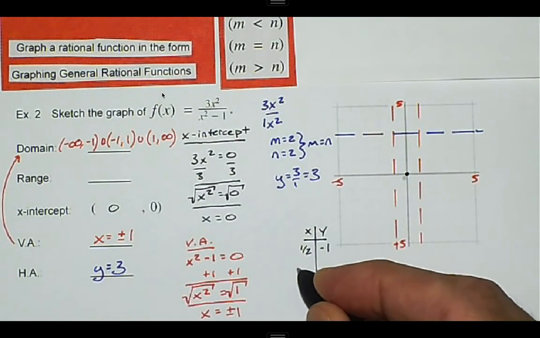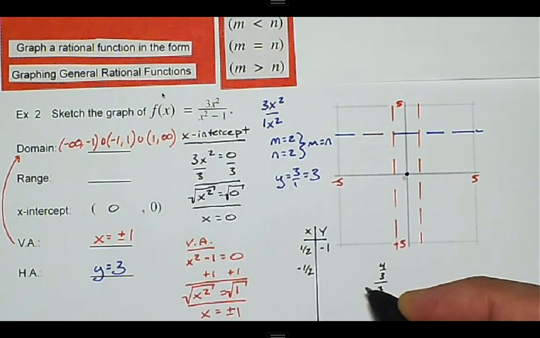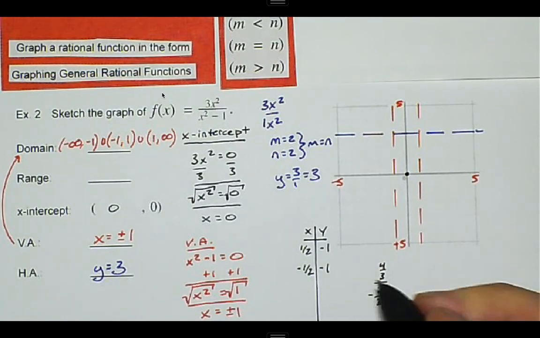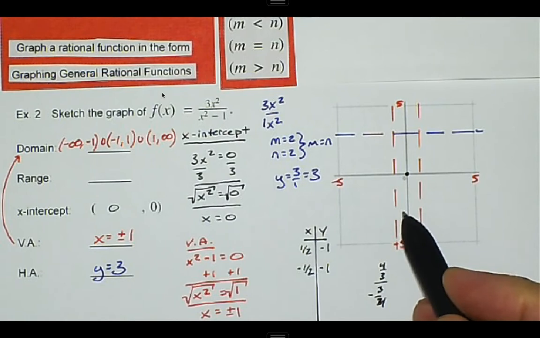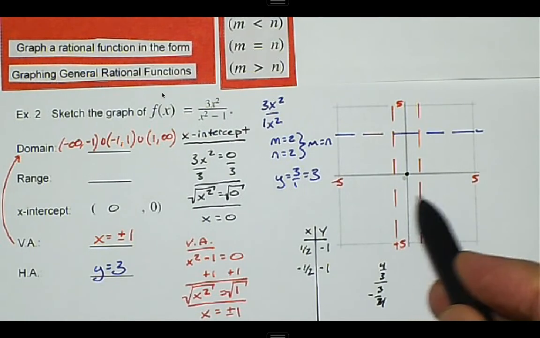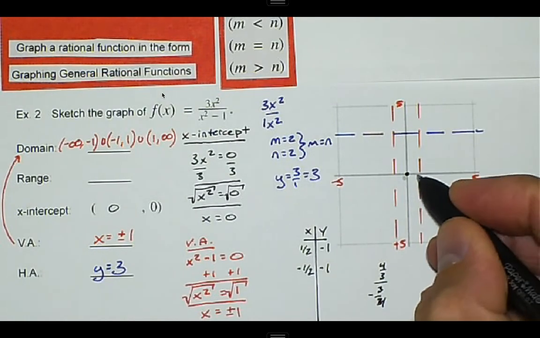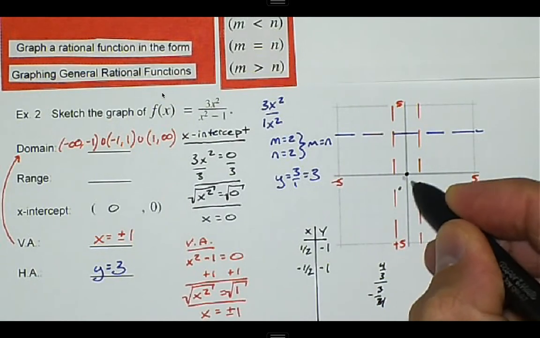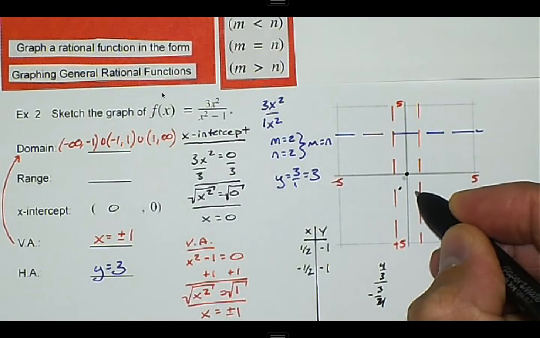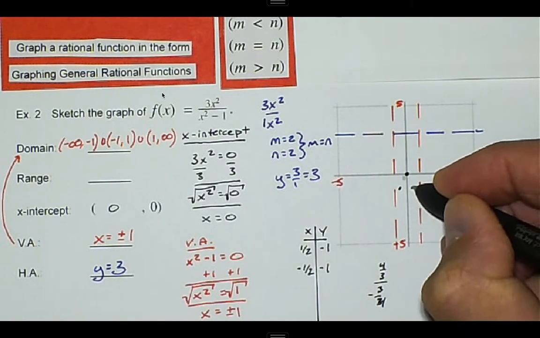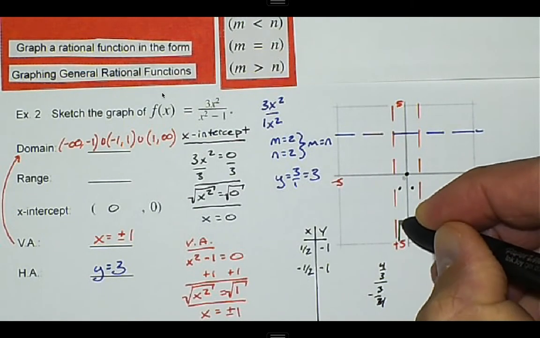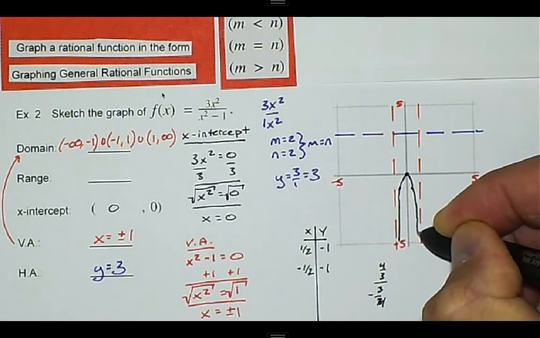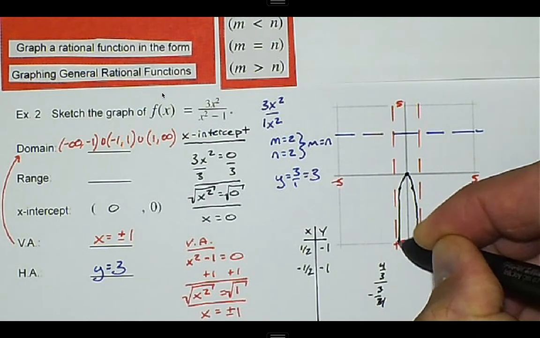And if we have -1/2, that will also get us to -1. So that will be this little section between here. So (-1/2, -1) and (1/2, -1). And so we have a graph that kind of looks like this, comes up and comes down, and it doesn't cross either one of those asymptotes there.